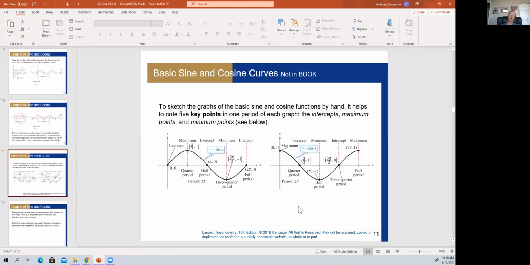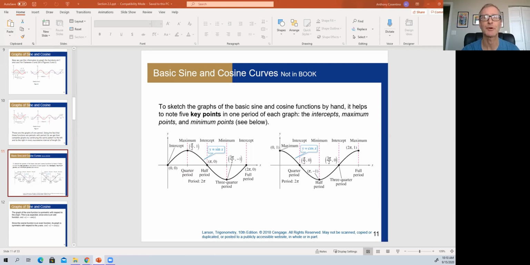And the halfway point on the cosine is the lowest point. So I think you see what I mean, that we're looking for 5 key points with regards to sketching these graphs. And that's what I'm going to be asking you to do with regards to sketching a sine and cosine wave.